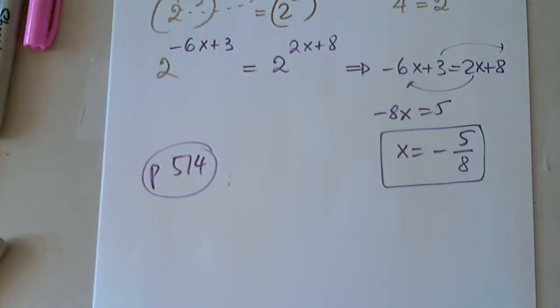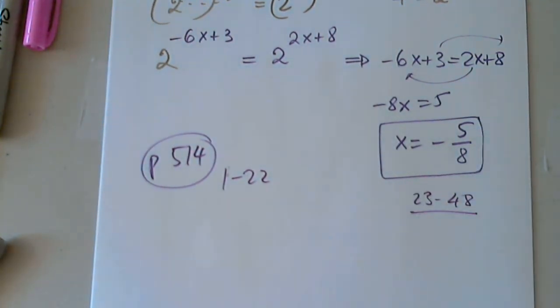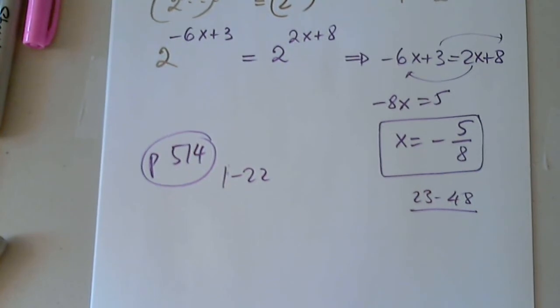Okay. So you can choose anything you want from 1 through 22, and then later on from 23 to 48. But we're not ready for these yet. In a minute. So please choose anything you'd like from 1 through 22. If not, I will.